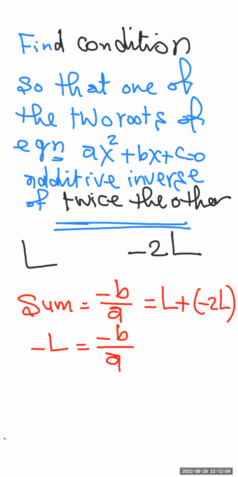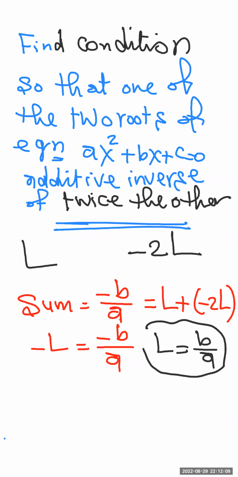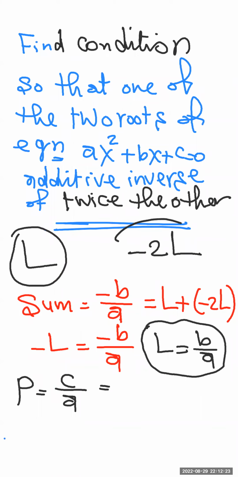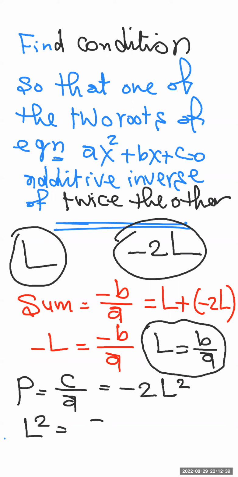So L will equal b over a. The product equals c over a. Now, c over a equals the product of these two roots, L times negative 2L. So negative 2L squared will equal c over a. So L squared will equal negative c over 2a.